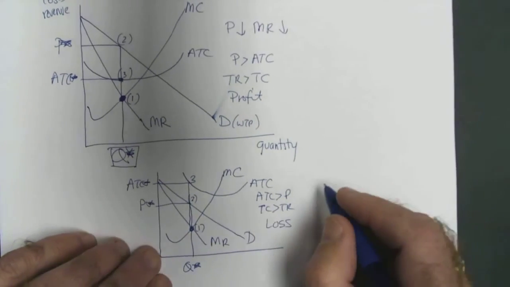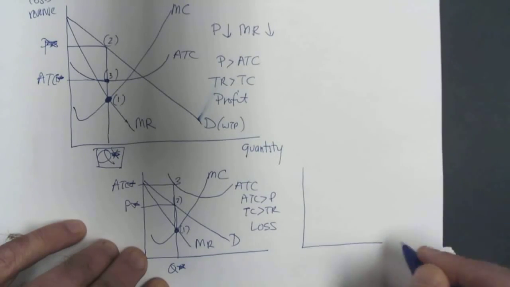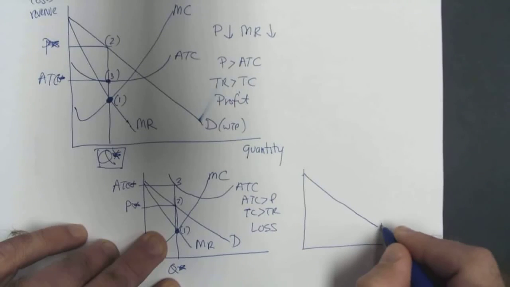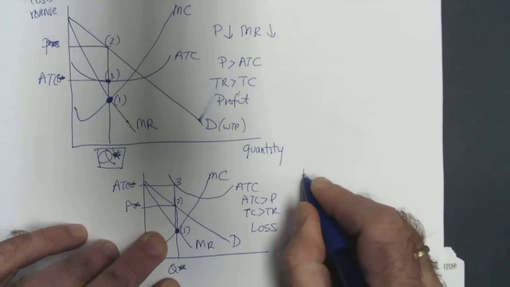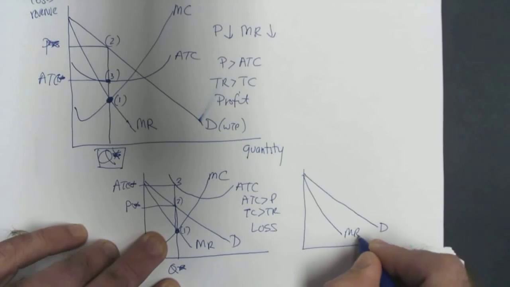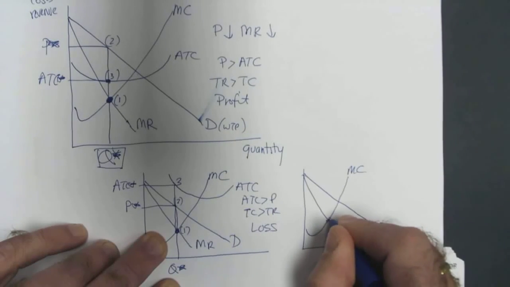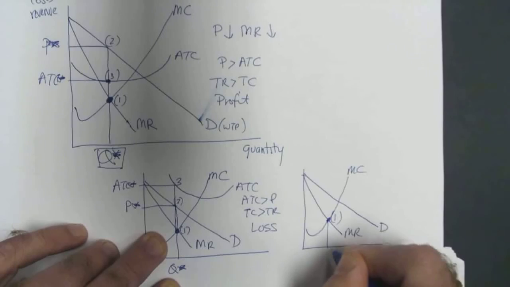Now if we come across to the very last one, we're going to show a firm that's breaking even. This is kind of tricky. So we have demand, marginal revenue, we have marginal cost, right? So where those two meet is going to give us the profit maximizing output.